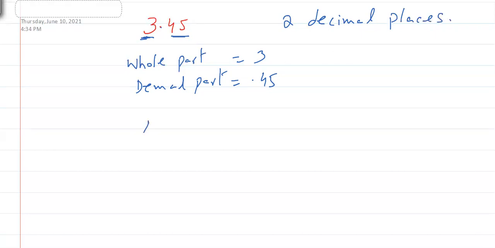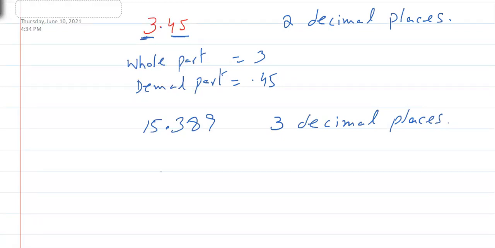Now, if I write another number, how many digits are after the decimal? There are 3 digits after the decimal. So I will say it has 3 decimal places. Okay, 8.9103.